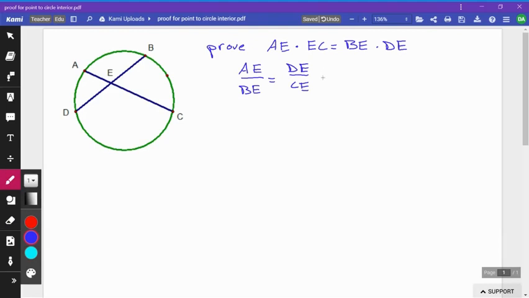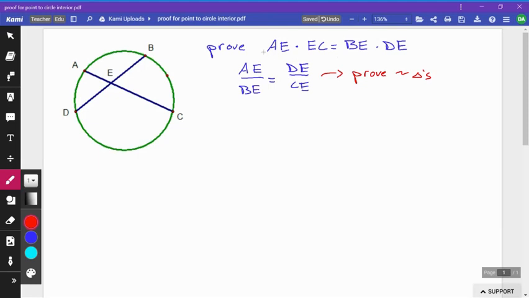Now, this idea was when we wanted to prove similar triangles from earlier. So what we want to do is get some similar triangles here, show that this ratio is true, and then get it to say this statement up here, okay?